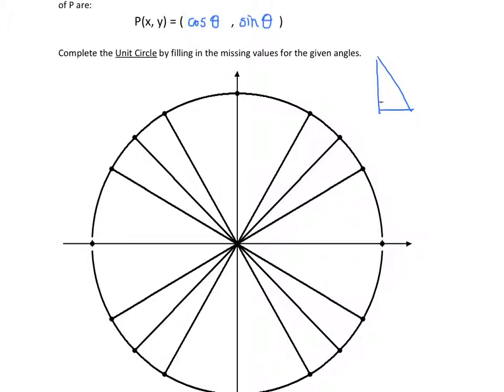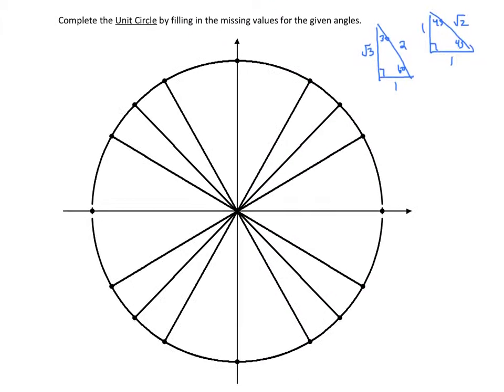Okay, so we had our 30, 60, 90 triangle with side lengths of 1, 2, and root 3. And we had the 45, 45, 90 triangle, side lengths 1, 1, and root 2. So now we have those handy to refer to when we're filling in our unit circle.